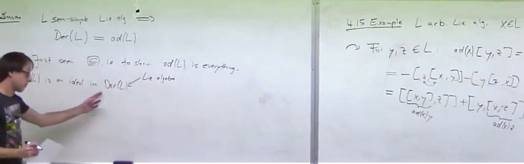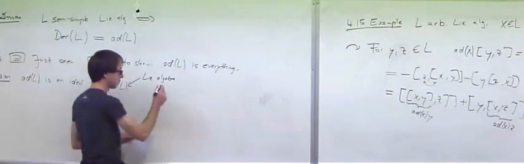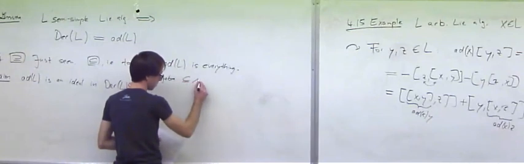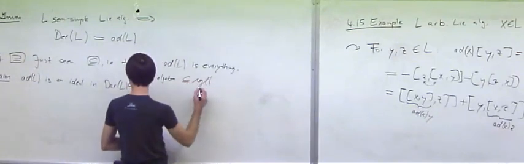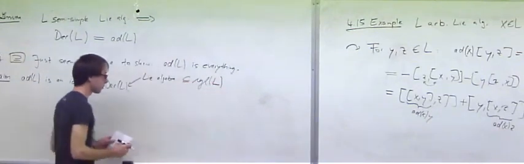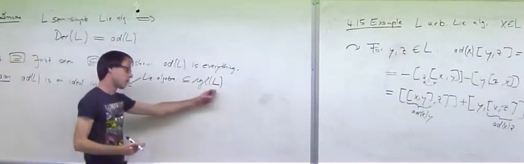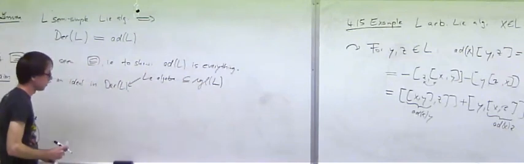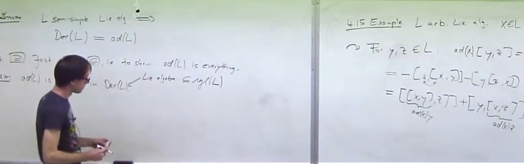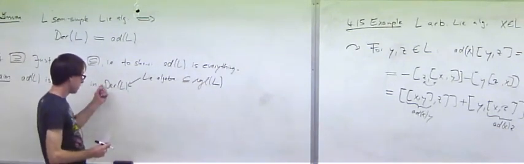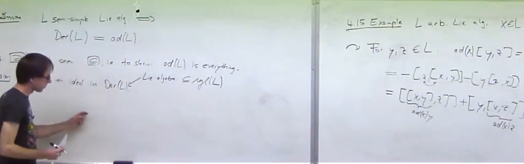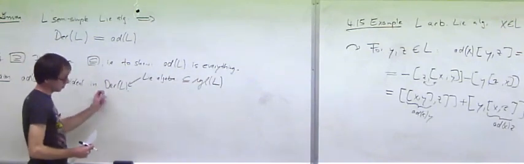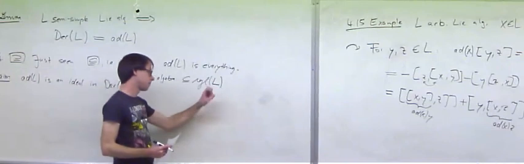So the set of derivations is, of course, contained in gl(L). It consists of linear operators on the Lie algebra. What's easy to check, that's immediate from the definition, is that this is a vector subspace of gl(L).